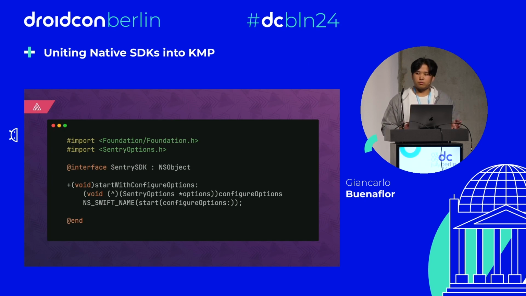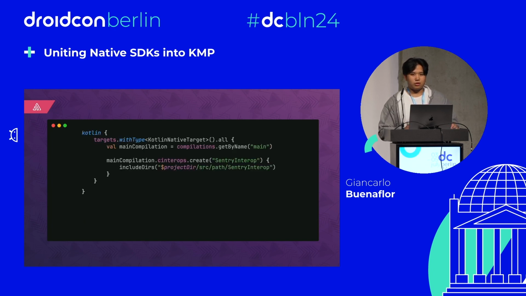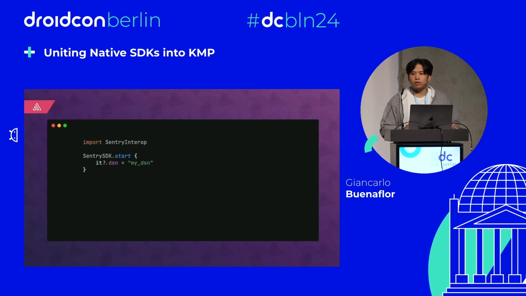That's one of the advantages of this approach, where I can just pick and choose whatever I want to create bindings for. Then in your Kotlin build file, you just create the cinterop with the build configuration as shown here. Afterwards, you can directly use it in your iOS source sets and interact with it.